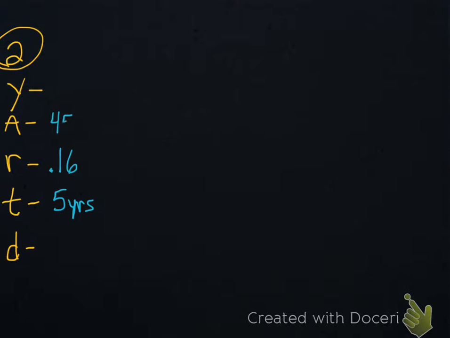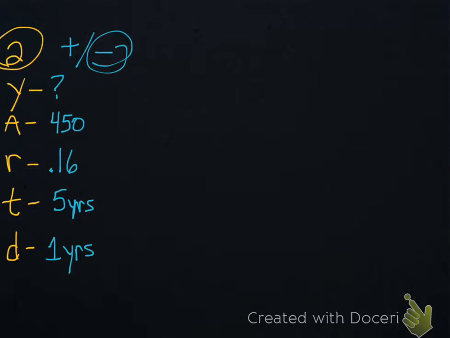We started with 450. Now remember, this one's decreasing, so we know we're going to subtract. So we should have had an indicator up here. We're going to subtract. We're looking for y. D is what? Per year. So that's every year. Since it's a 1, we can leave it out of the equation.